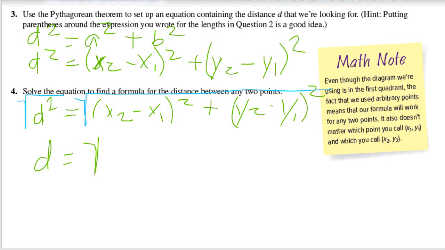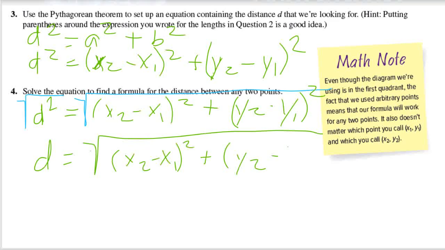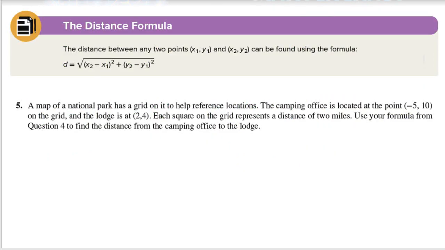So d equals the square root of (x2 minus x1) squared plus (y2 minus y1) squared. And that's what's commonly called the distance formula. You'll see that's kind of in the summary here.